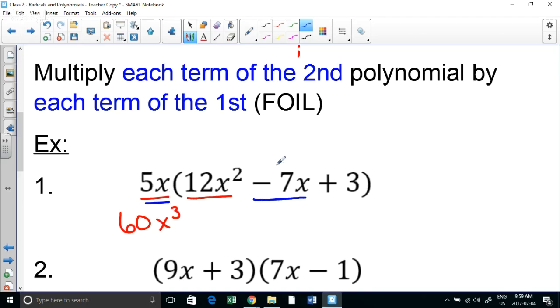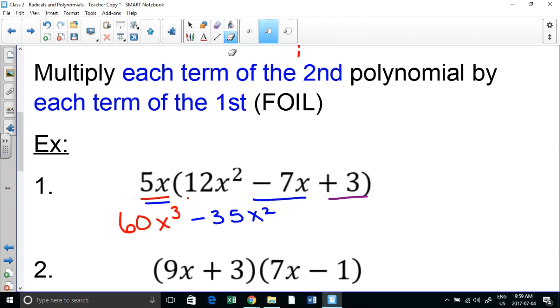Then I take the monomial and multiply by the second term. 5 times the negative 7 is negative 35. The x times the x is x squared. Then the monomial with this last one, and that gives me 5 times 3 is 15, 1x, which is fine, just the 1x.